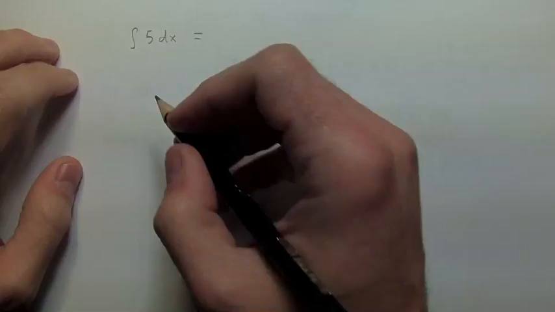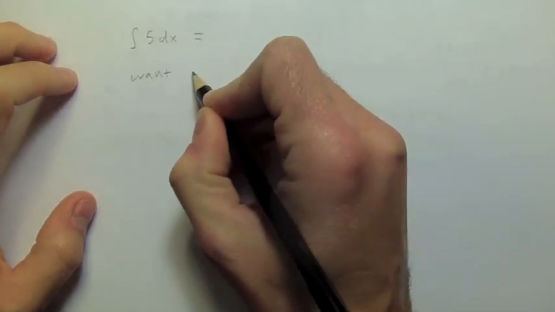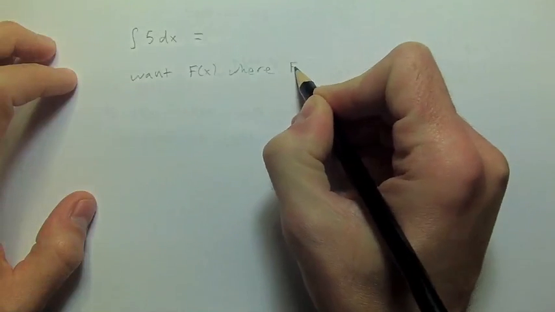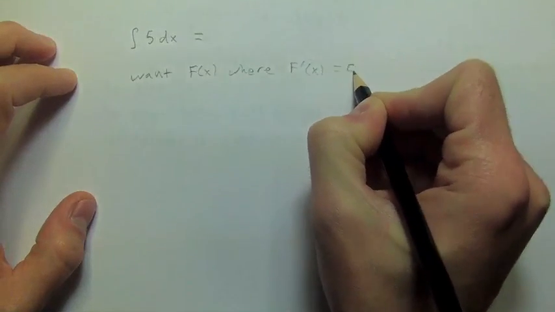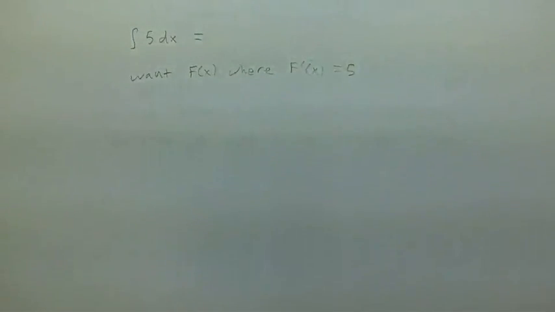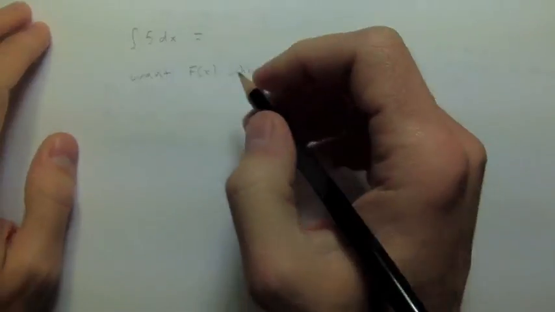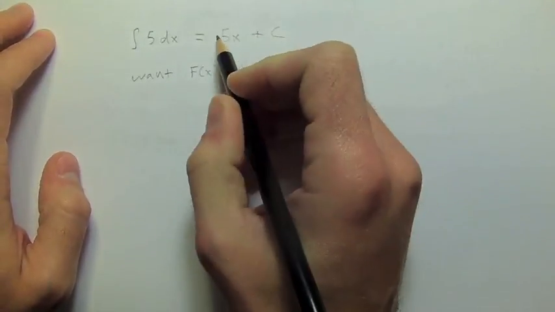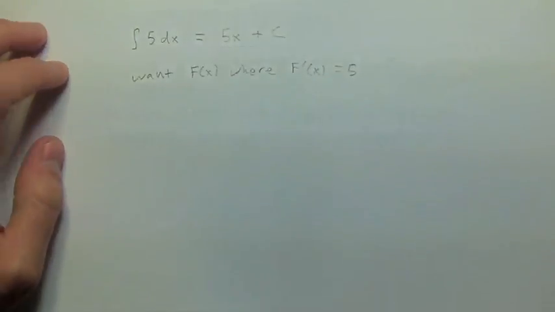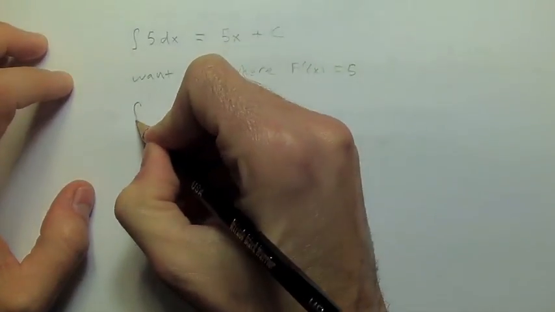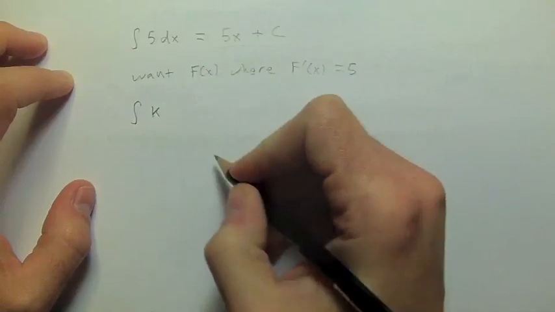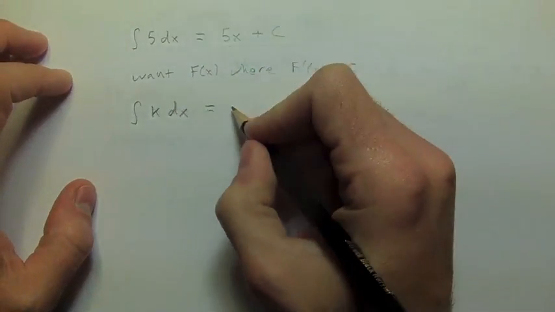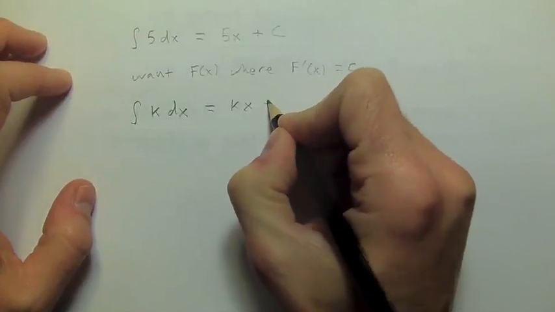Basically we want a function capital F of x where capital F prime of x will be 5. Now think about that. What do we get? We end up getting 5x, and not just 5x, but 5x plus c. So if I have any constant, let's say the integral of k dx, the integral is going to be kx plus c.